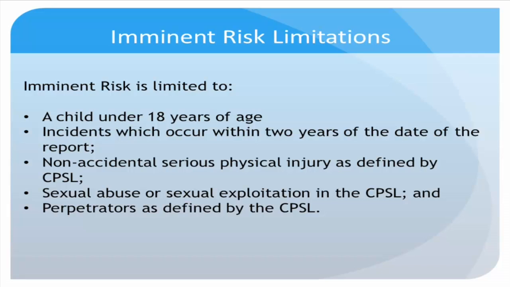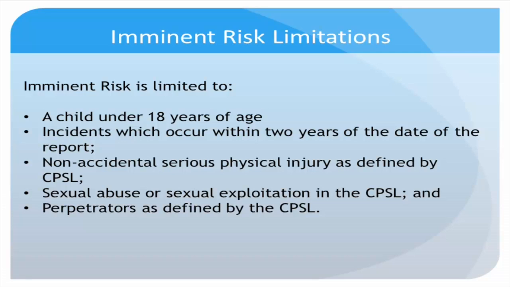Imminent risk is limited to a child under 18 years of age, incidents which occur within 2 years of the date of the report, non-accidental serious injury as defined by CPSL, sexual abuse or exploitation in the CPSL, and perpetrators as defined by the CPSL.